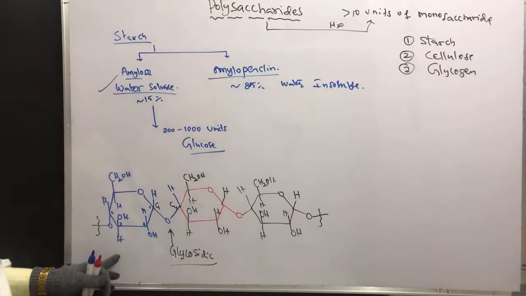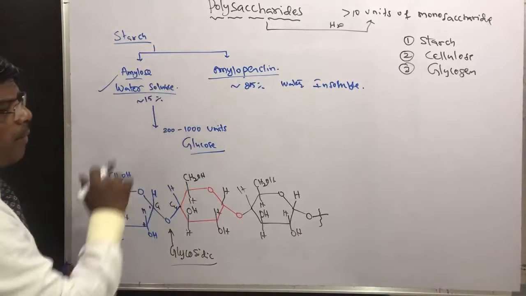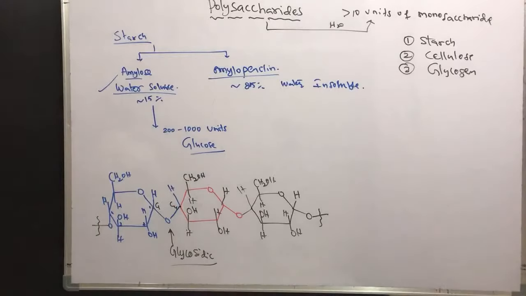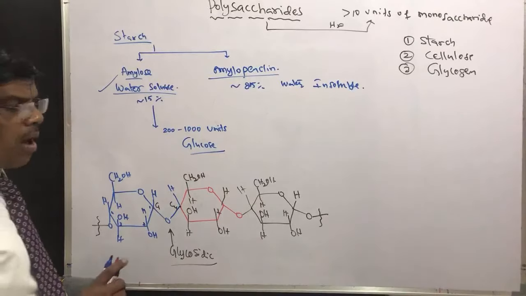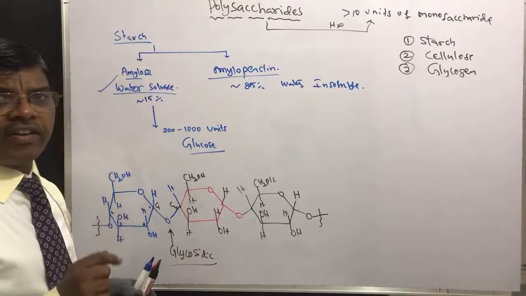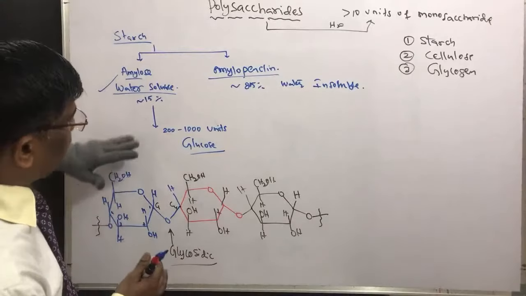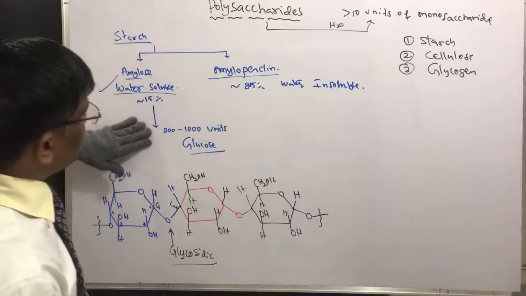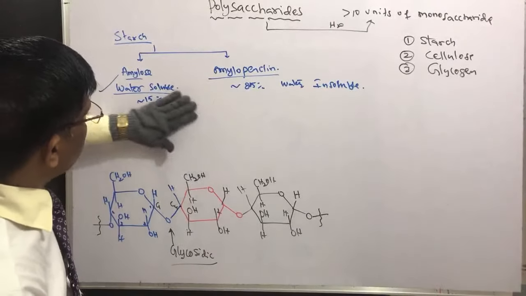So this is amylose. Then amylopectin, how is it going to exist? So amylopectin is going to have branches. So is it clear, students? It is going to have branches, same glucose part.